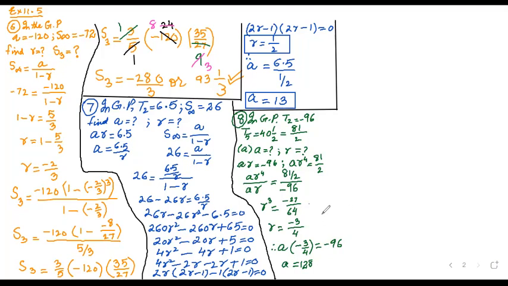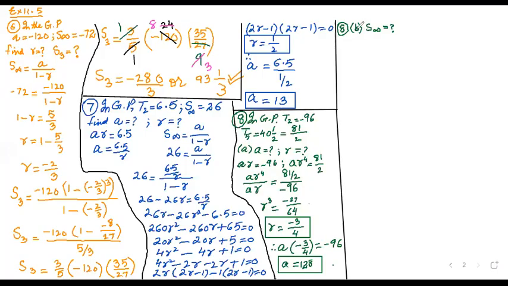So this is the answer for A and R. So I make it permanent. So this is the answer for part A, for A and R. And in part B, we have to find the sum to infinity.